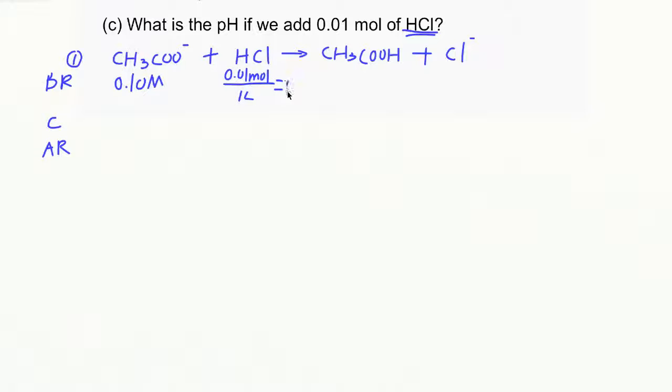Okay, so I got 0.01 mole per liter. For the conjugate acid, the concentration of this acid is 0.10 mole per liter. As you can see, because hydrochloric acid is the limiting reagent, the change would be the concentration of the hydrochloric acid.